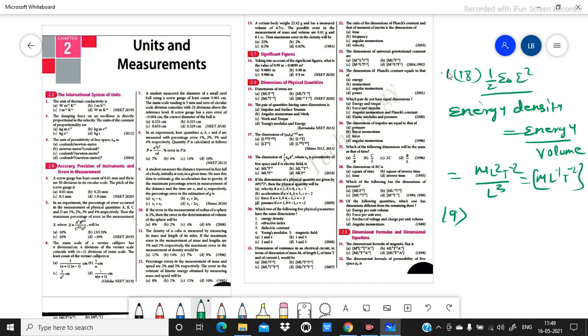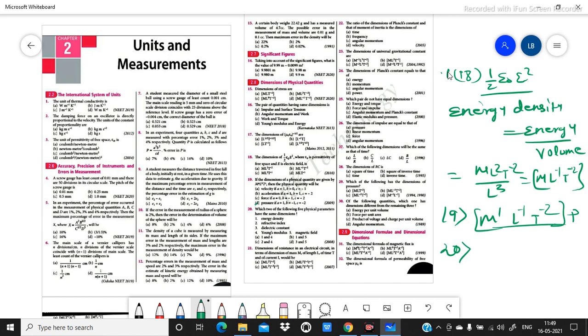How will I know? You have to do it one by one. Option D is pressure: a equal to 1, that means M1, b equal to minus 1, that is L minus 1, and c equal to minus 2, so T minus 2. This is the dimension of pressure, which gives me the correct answer. So you have to check individually, and for this you have to remember all these dimensions. Otherwise you can't solve this type of problem.